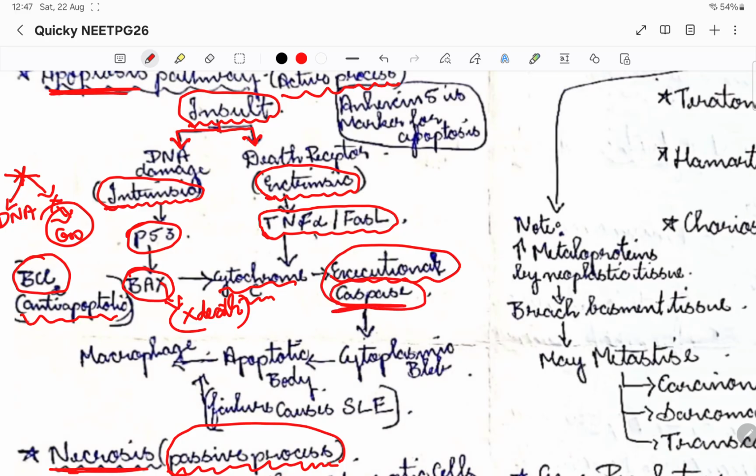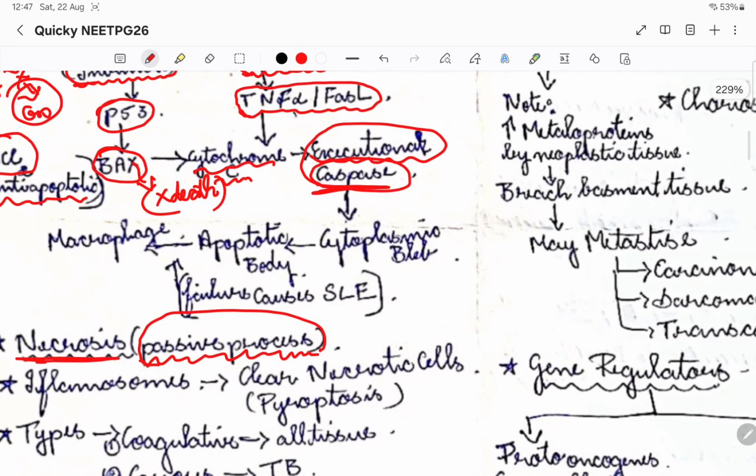The same thing happens in the extrinsic death receptor pathway, where TNF alpha and FAS ligand tell cytochrome C to undergo the executioner caspase pathway. What it does is form a cytoplasmic bleb and form an apoptotic body.